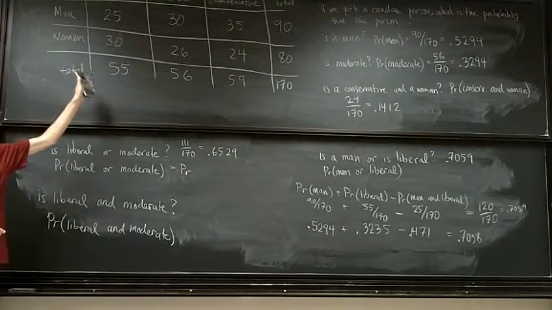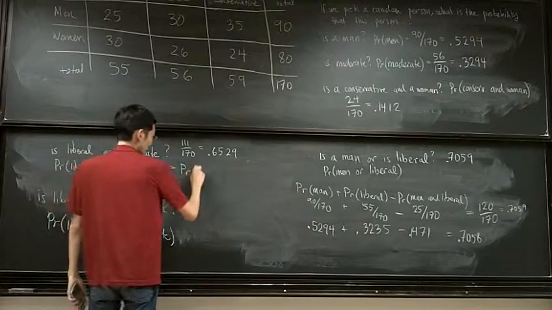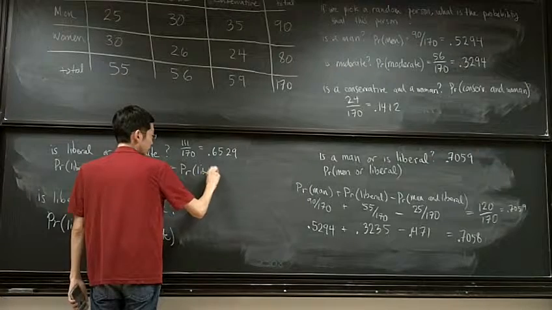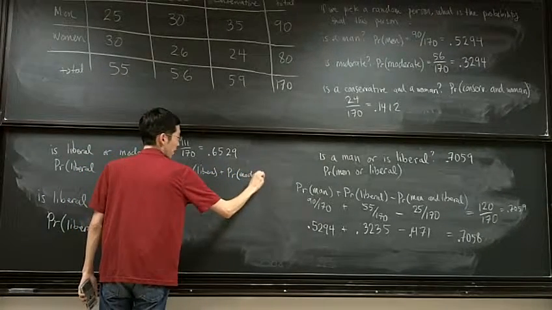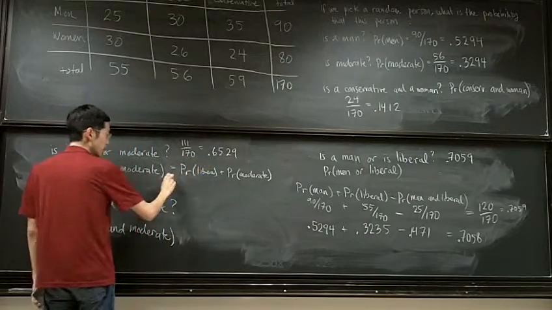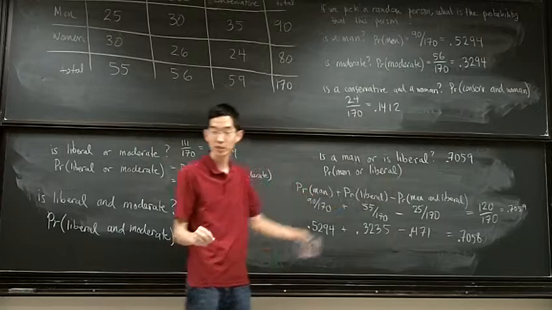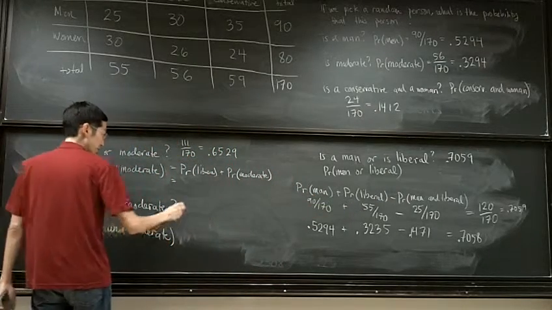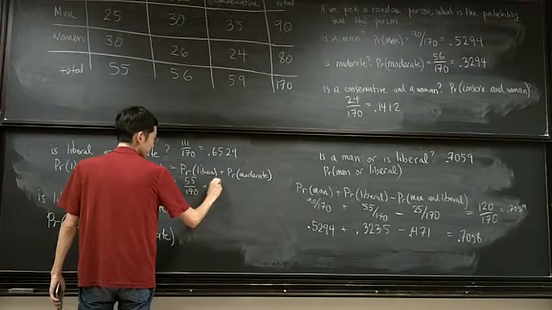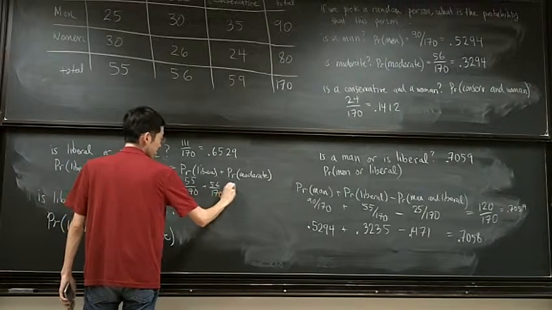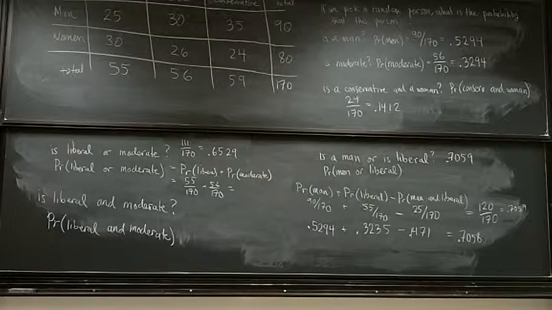Nobody can be both liberal and moderate at the same time, so I can just add these together. Probability of liberal plus probability of moderate. I could even try to subtract off liberal and moderate, but we'll see that that is also 0. So we do 55 over 170 plus 56 over 170, and we get our answer. You can put it in decimal form, whatever.